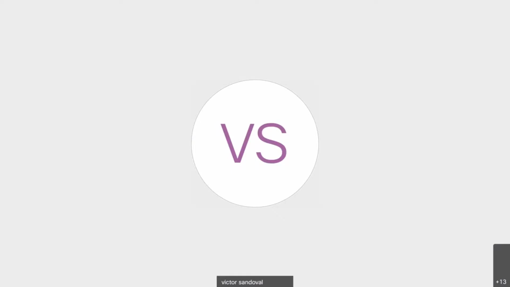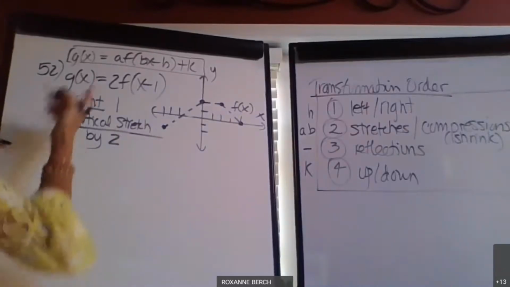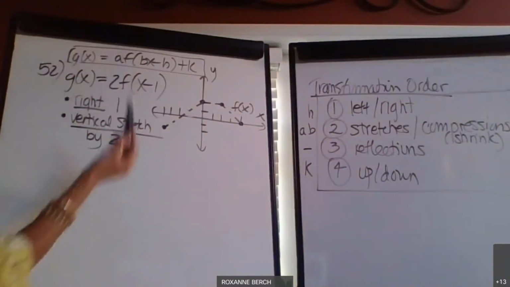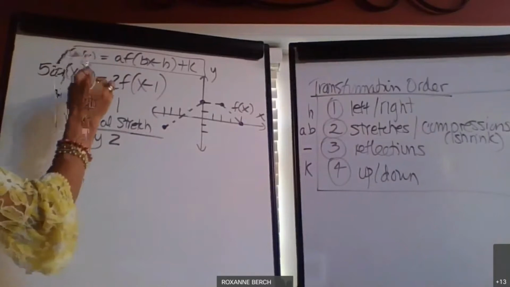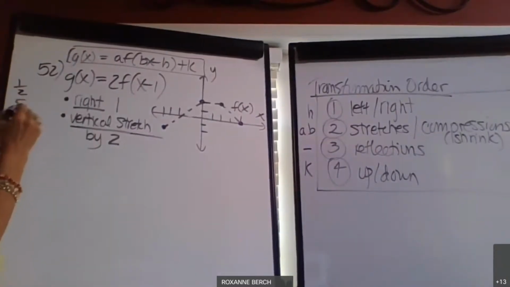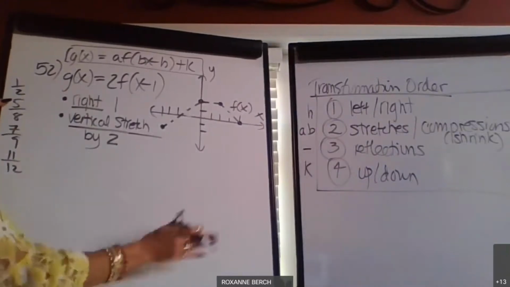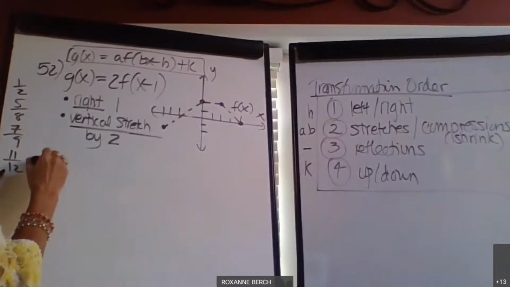It's a vertical stretch by 2. So A doesn't flip. It's only B you have to worry about. Don't worry about A. If it's 2, 3, 4, 5, 6, it's a vertical stretch. If it's a proper fraction like 2/3, 5/8, 7/9, 11/12, it's a vertical compression. This is a vertical stretch by 2. And that's it.